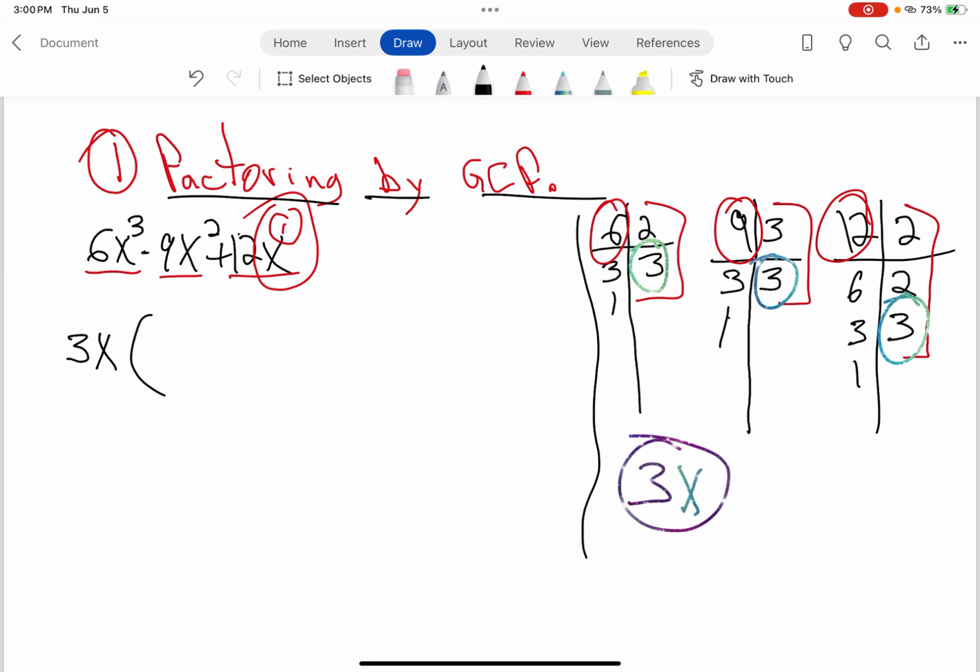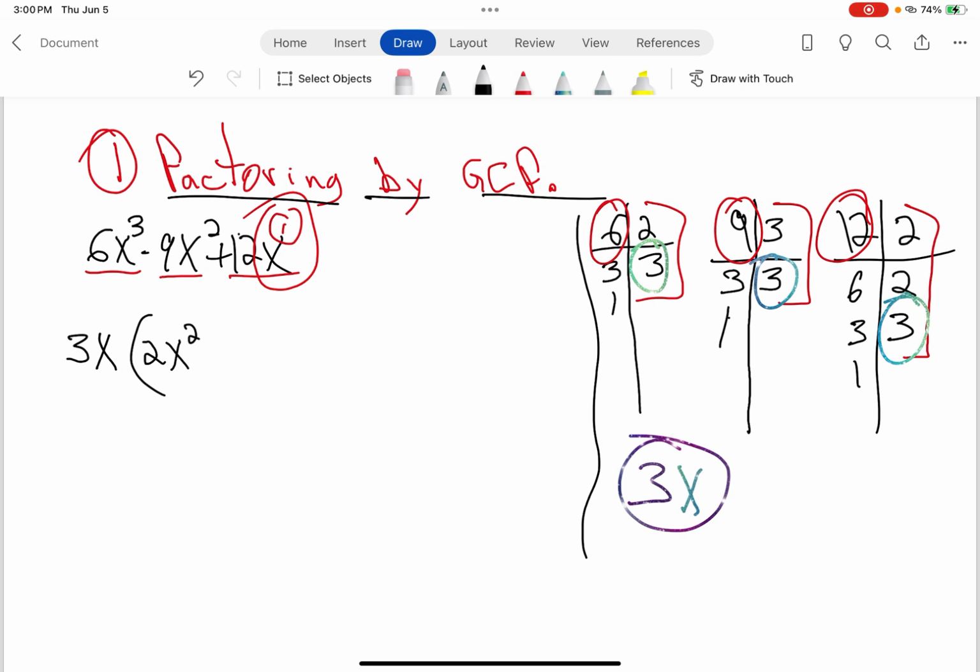The first term is 6x cubed. So 6x cubed divided by 3x will be equal to 2x squared, because 6 divided by 3 is 2, and then x cubed divided by x. When you divide variables, you only need to subtract the powers, but take care, you have to work to be able to divide variables.